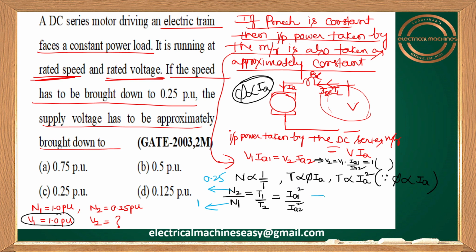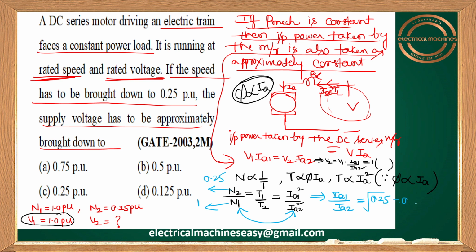So tell me from this, Ia1 by Ia2 equals what? I'm just using these two equations. Ia1 by Ia2 equals the square root of 0.25. So we are going to have 0.5 as the value.